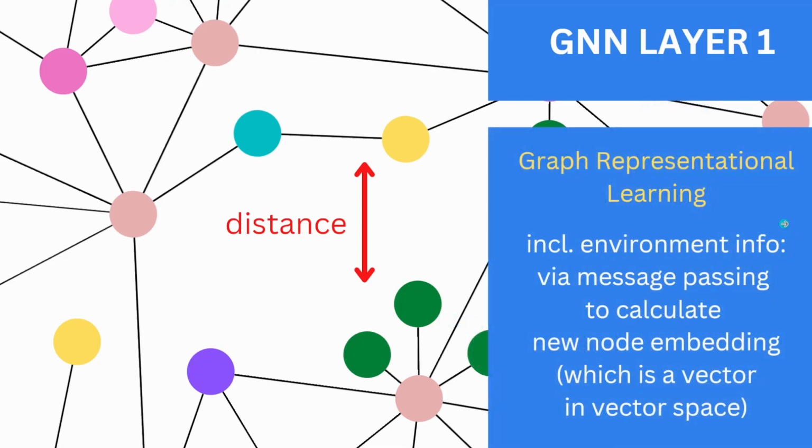But we are here in graph representational learning. We include now in our very first step the environmental information of the epsilon or one-hop or two-hop neighborhood jump. We use the mechanism of message passing to calculate a new node embedding. A node embedding for the yellow node, a node embedding for the green node. And in both cases, a node embedding, we are operating in a vector space, is of course a vector.